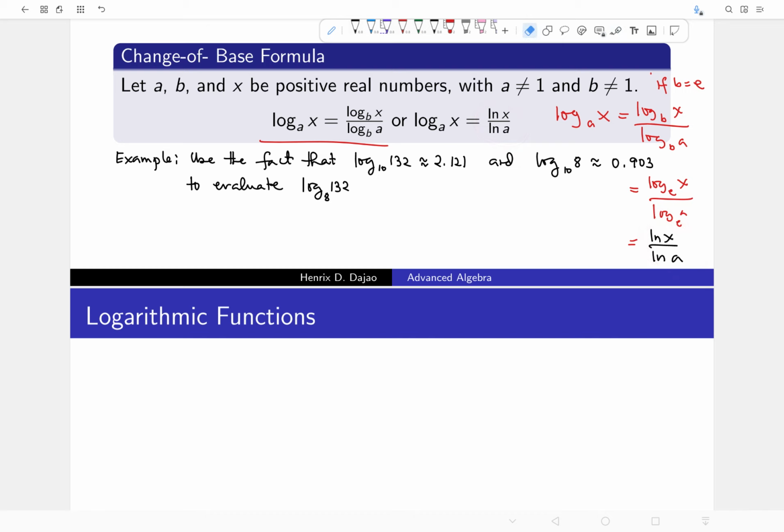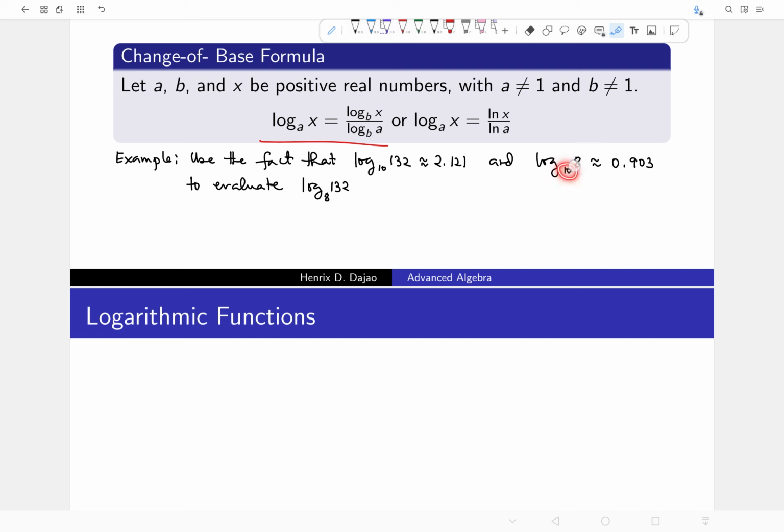Okay, for example, we use the fact that log of 132 with base 10 is approximately 2.121. This is actually calculated using our calculator.